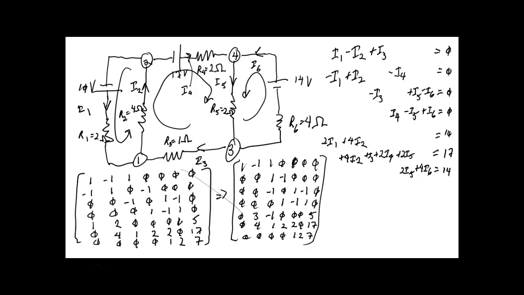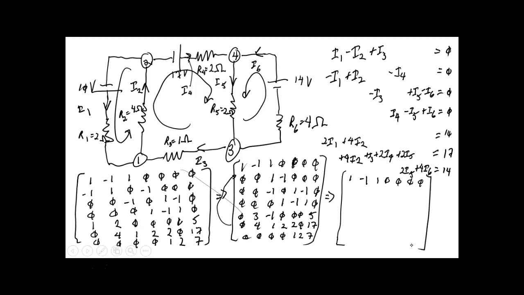I'll do the next step because I do have room to put it in. No, I really don't, but I'll move this row up to there. That's not good notation, but that's what I'll do. That would be a 1, minus 1, 1, 0, 0, 0, 0. The next row will be a 0, 1.